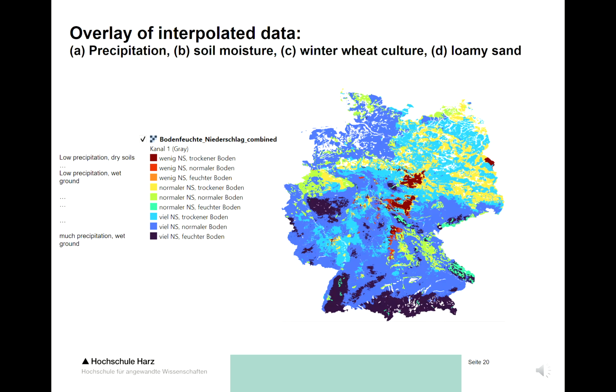Or here, another example where you have information on precipitation, on soil moisture, on the soil type, and again the crop culture that is grown here, and you see patterns, you see different regions, and now you can start to interpret this data again.